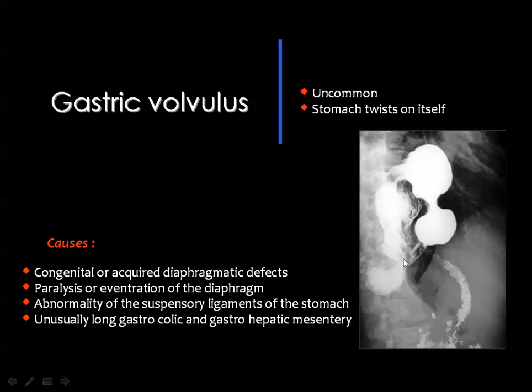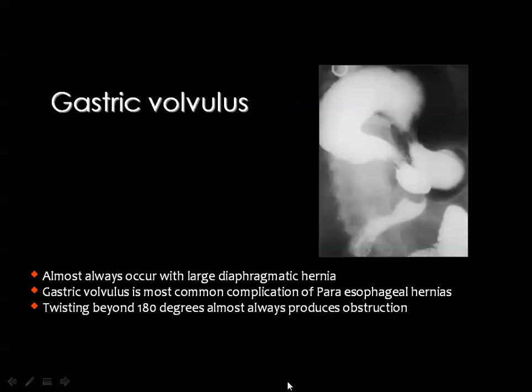Gastric volvulus is a common situation, particularly in cases of diaphragmatic hernias and paralysis or eventration of the diaphragm. The organoaxial type of gastric volvulus is more common than the mesenteroaxial type.